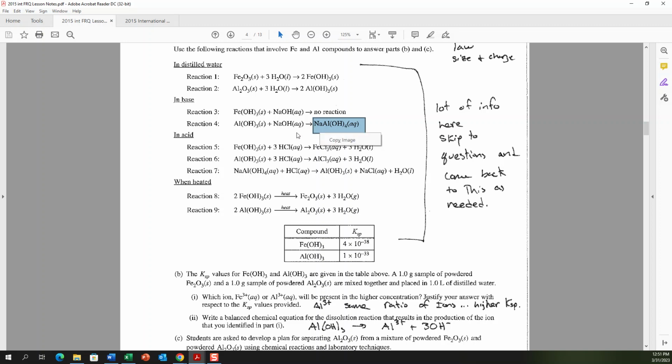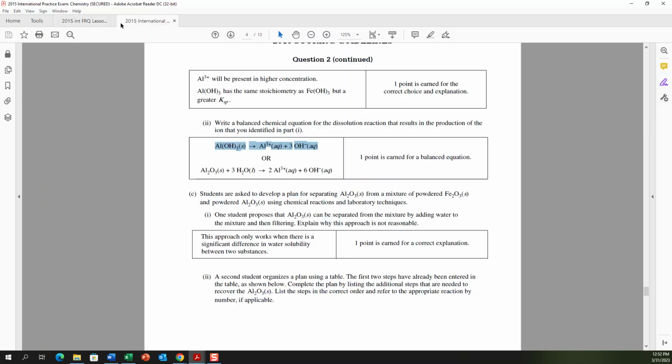Then we'll react the filtrate with HCl. All these reactions will happen. Any iron hydroxide that's in there will react, the aluminum hydroxide will react, and the sodium aluminum hydroxide will react. What it'll form is aluminum hydroxide solid, but everything else will be dissolved. Then we'll filter that, collect the solid, and heat the solid up, and that'll be that. All right, so those would be our steps.